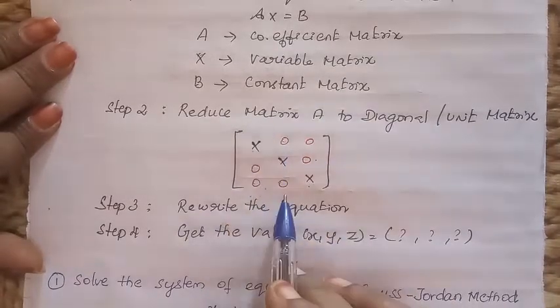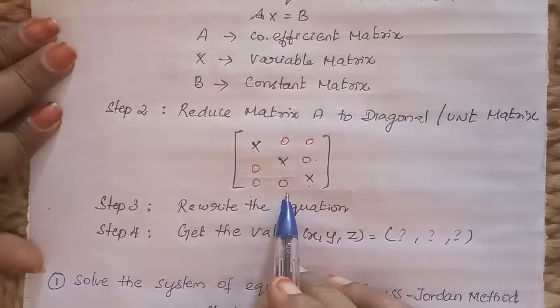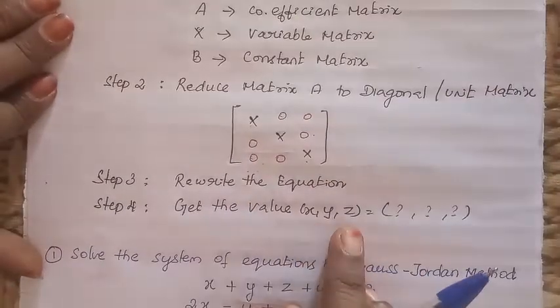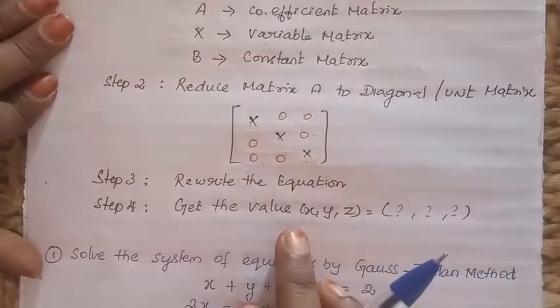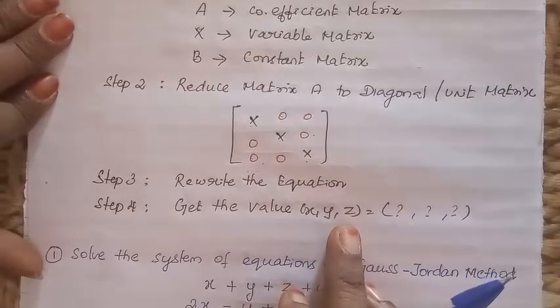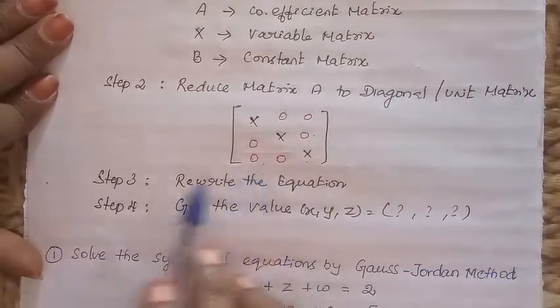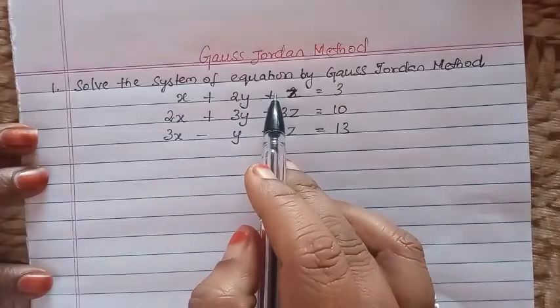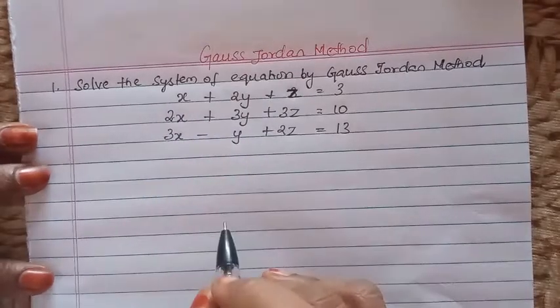After reducing the matrix to a diagonal or unit matrix, you can straight away get the value of X, Y and Z. The values of X, Y and Z can be obtained directly from the reduced matrix, and step 3 is not needed here. Now we'll take an example equation and solve it using the Gauss-Jordan method.